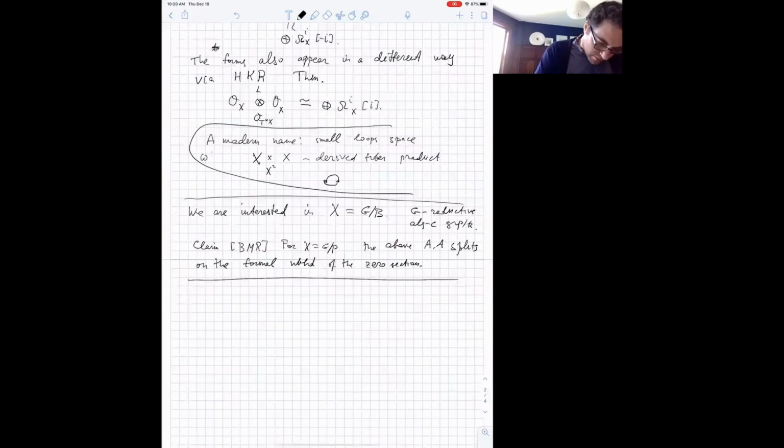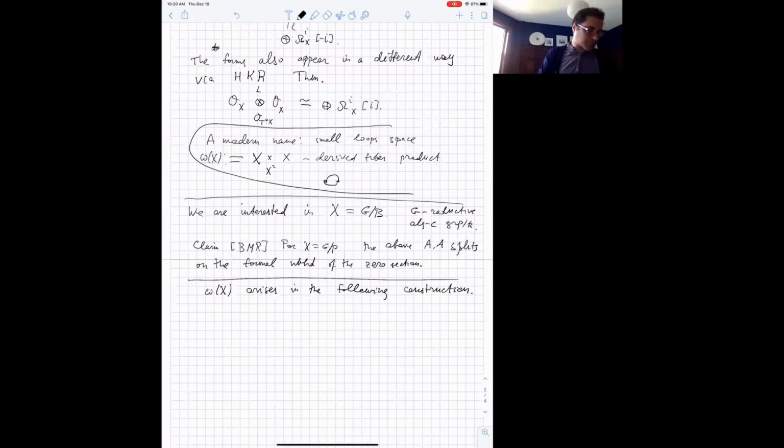So this may be Omega of X. Also Omega of X arises in the following way, the motivation for which I'll explain in a few minutes.